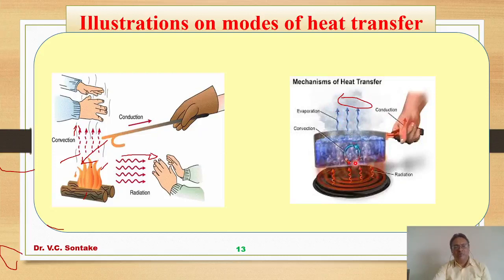From this end of the pot to the water surface by convection, and from this heating coil to this pot, if it is not in contact with it, by radiation. This way we can understand the mode of heat transfer by conduction, convection and radiation.